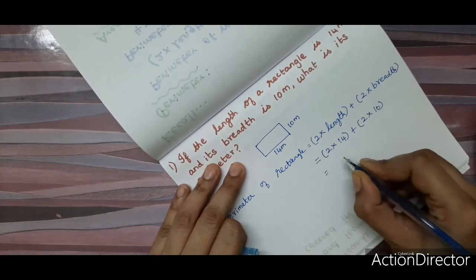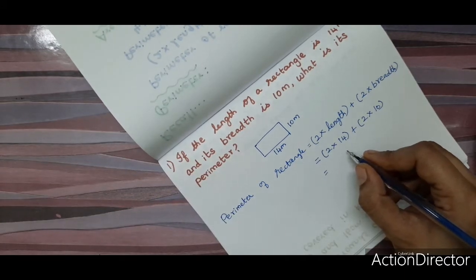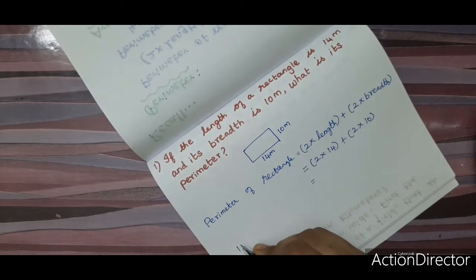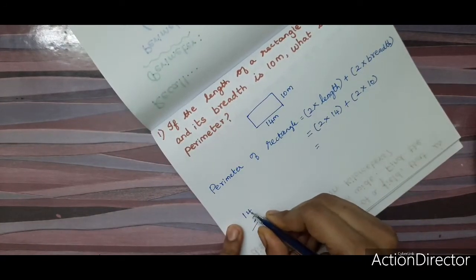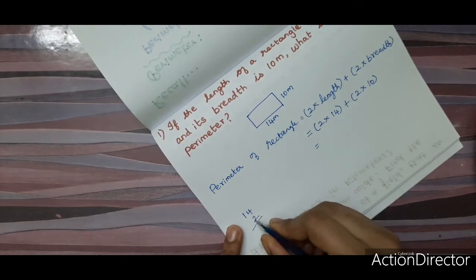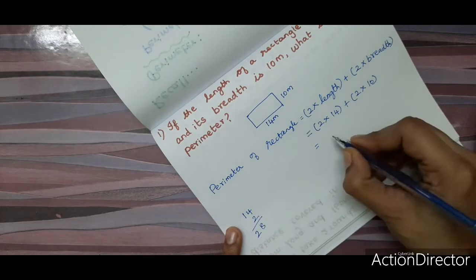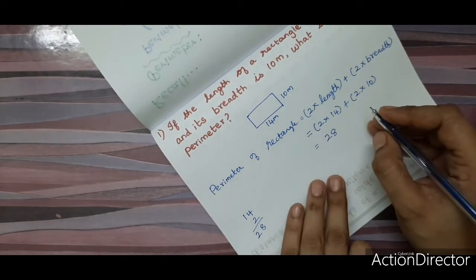What is 2 into 14? We will multiply and see. 2 4s are 8. 2 1s are 2. So 14 2s are 28.